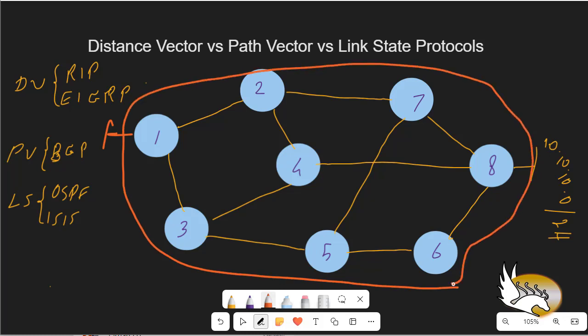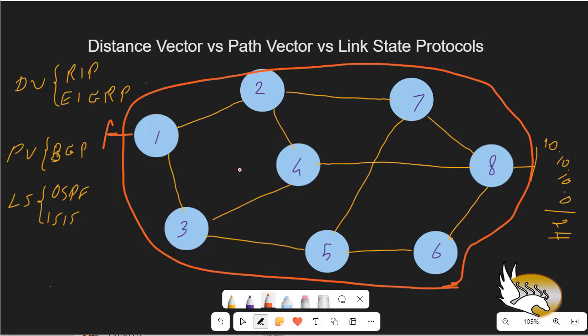Area is a concept that link state protocols use, and in this area what they do is they send information to their neighboring routers, very similar to distance vector protocols, but they are going to send information about themselves as well. So router 1 is going to say, this is the link that is connected to me, this is the link that is connected to me, and I am this.